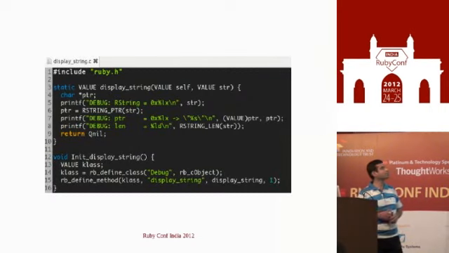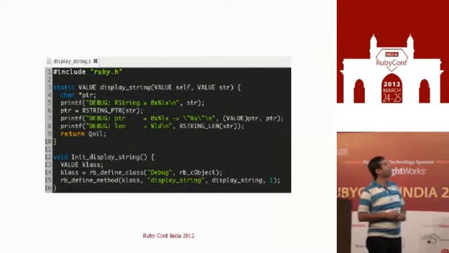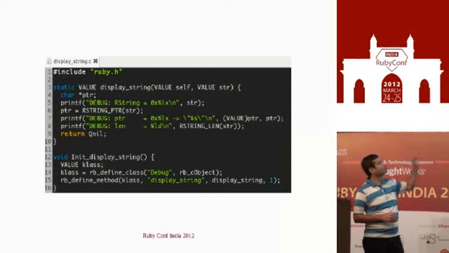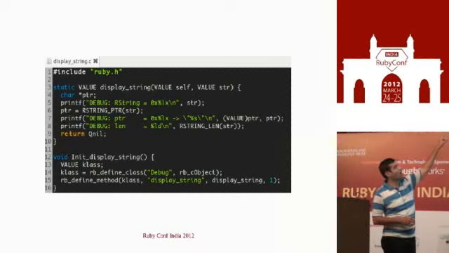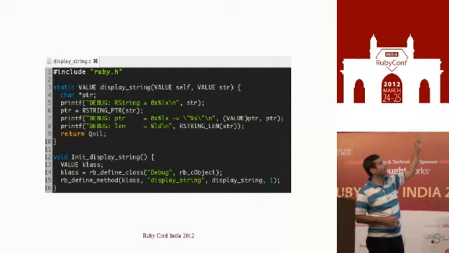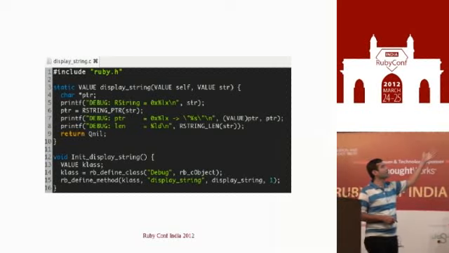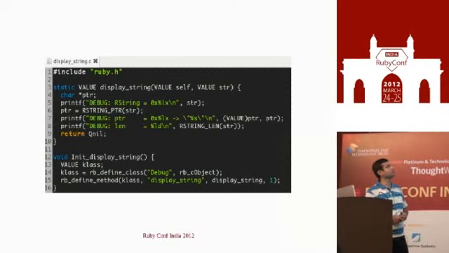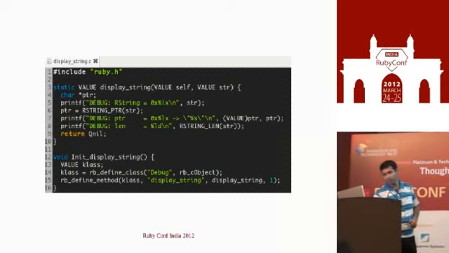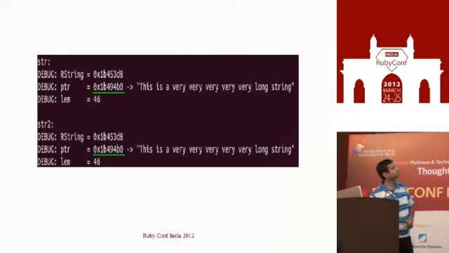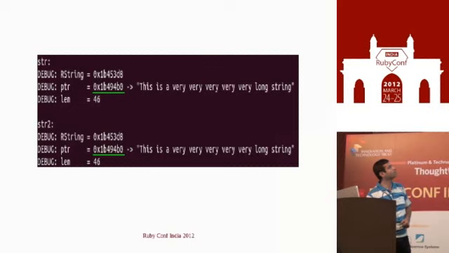This was the C extension that I was talking about. It is doing nothing but printing the hexadecimal address of the individual struct members: basically the RString struct itself, then the pointer and len. And this is how you create a C extension. I'm not going into detail about it, but let's take a look. This is the output of the earlier program.